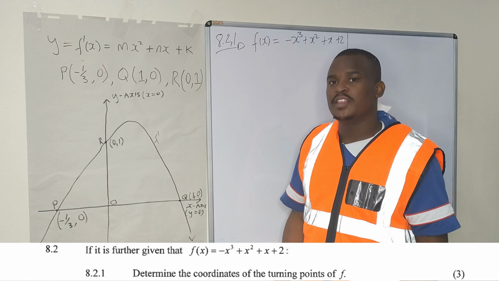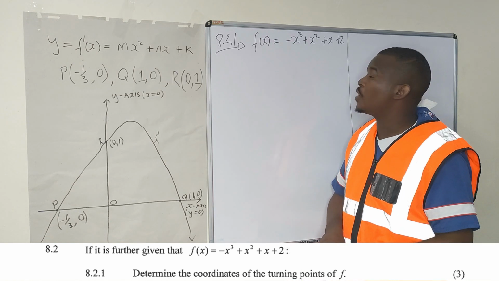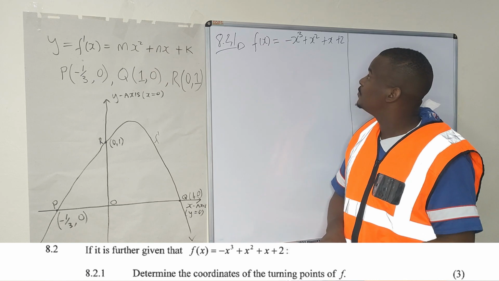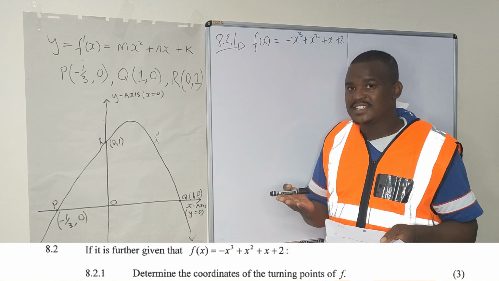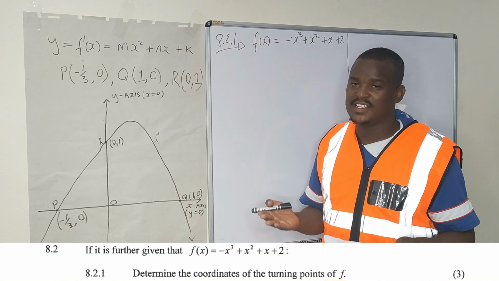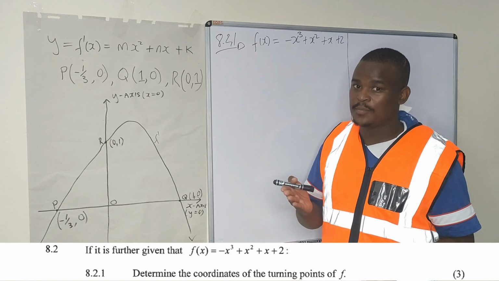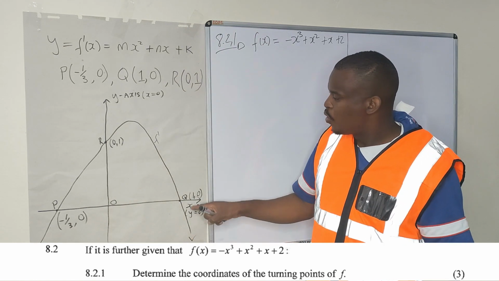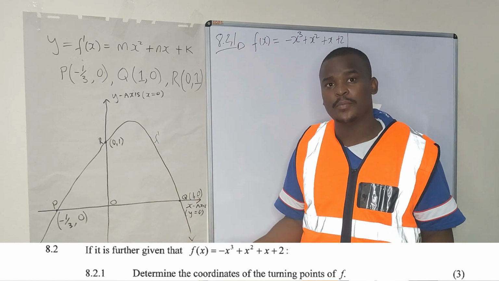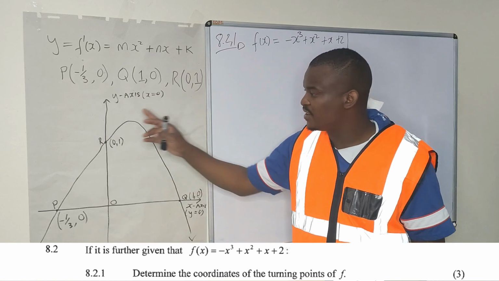We know that our cubic function has two turning points, and at the turning point, the gradient is 0. So if this is your gradient function, where this graph is 0, that's where your turning points are, because that's where the gradient is 0.